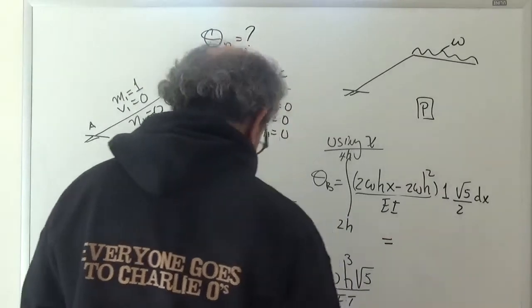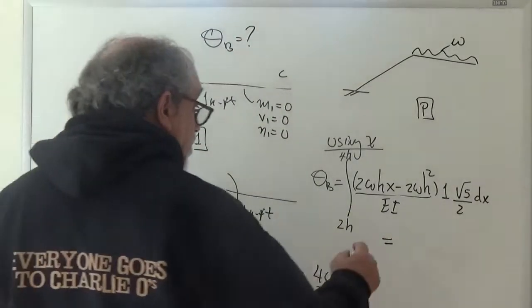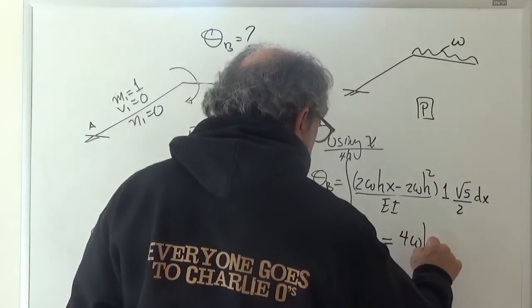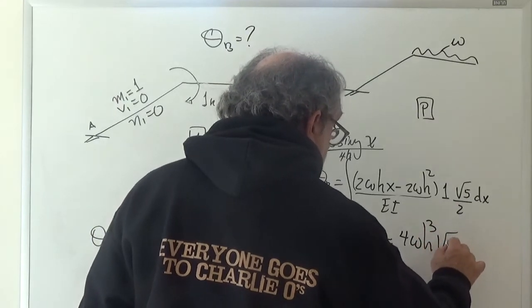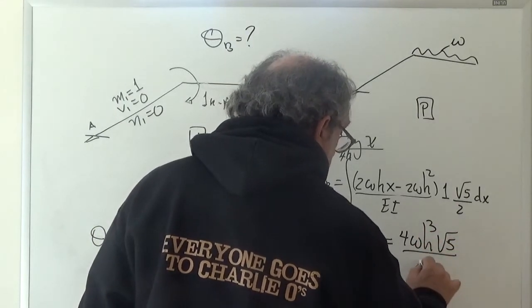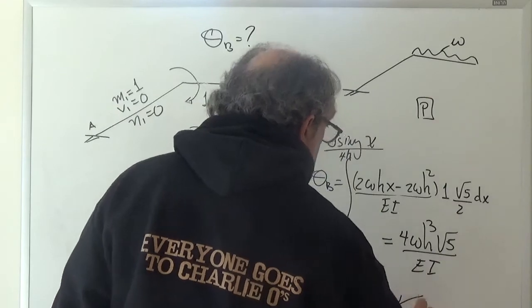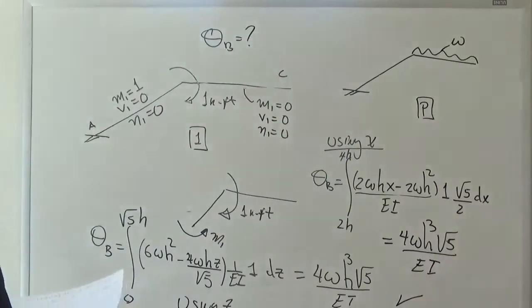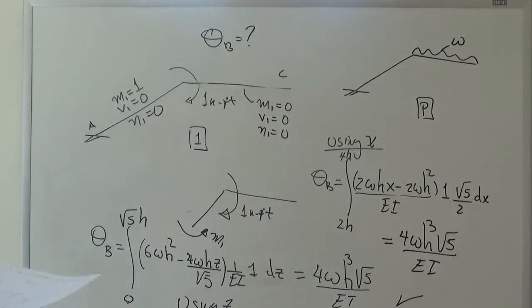You can perform that integral and you get 4w h cubed square root of 5 divided by EI, which I did and checks perfectly fine, as it must, right?